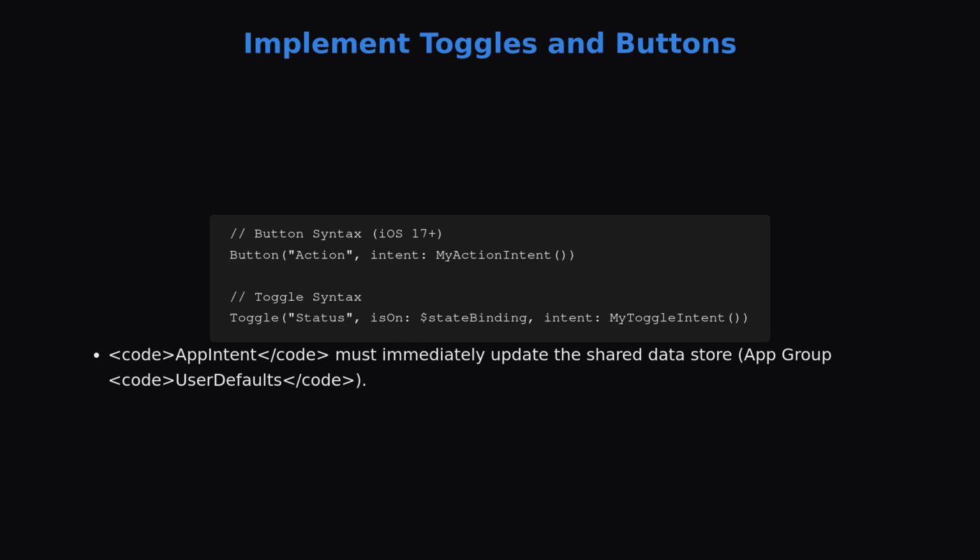The system automatically manages the interaction, invoking the associated app intent whenever the bound state changes due to user input. It is essential that the app intent immediately updates the shared data store upon successful execution of the action. This shared store could be the app group user defaults or a shared database, ensuring data consistency across processes.